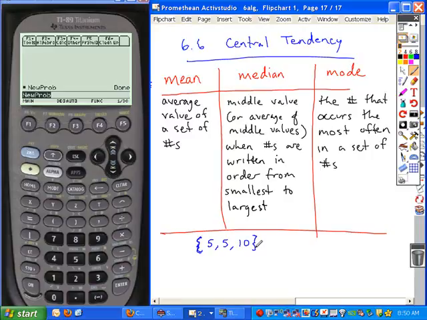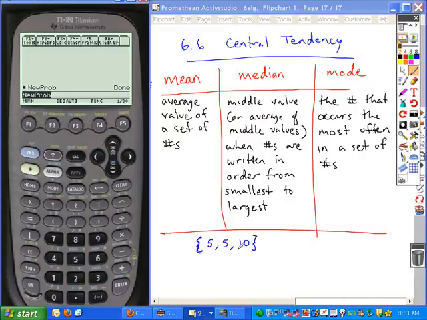Okay, if I wanted to find the mean for this, what is the average of these three numbers? Can anybody do that just really quickly? The average is the sum of the numbers divided by the number of values.